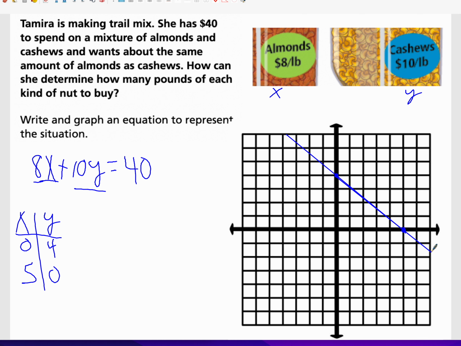So, almonds and cashews and trail mix. She wants to get about the same amount of each nut, right? What would we do to kind of focus in on that? You would find relatively the most even spot on the graph where it's kind of in the middle.